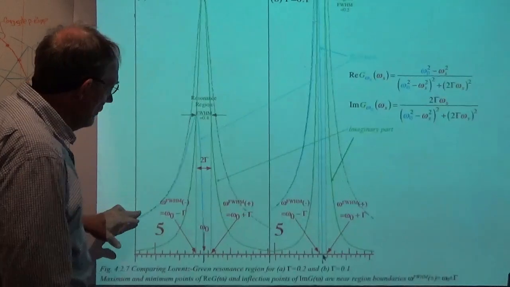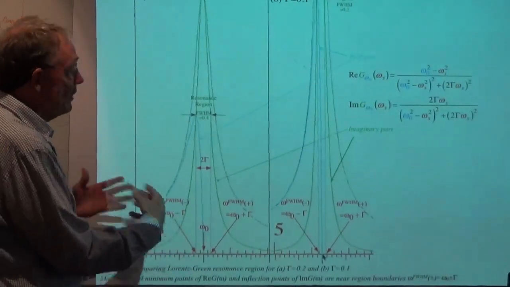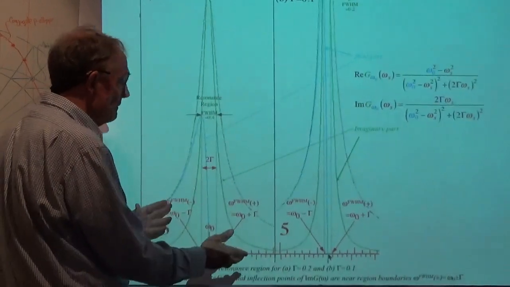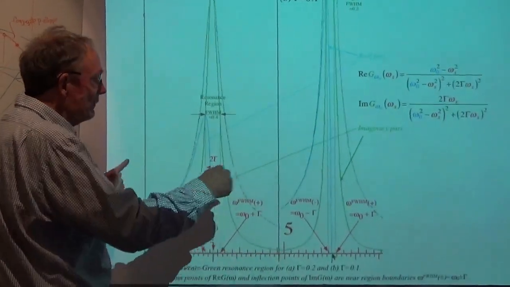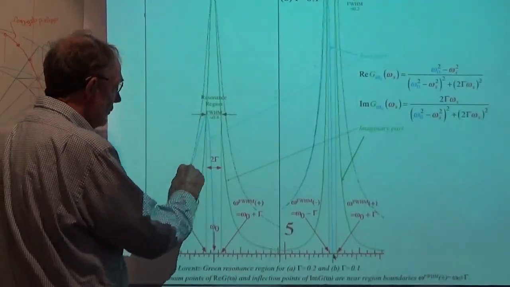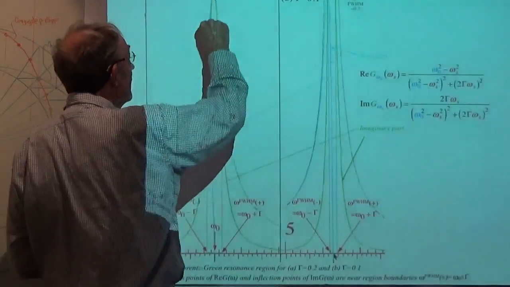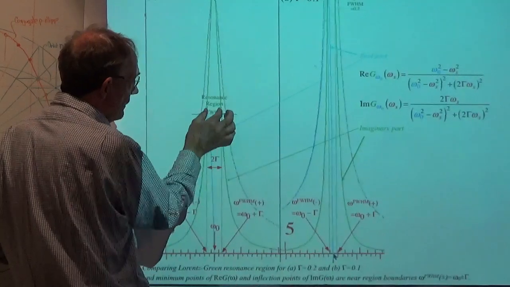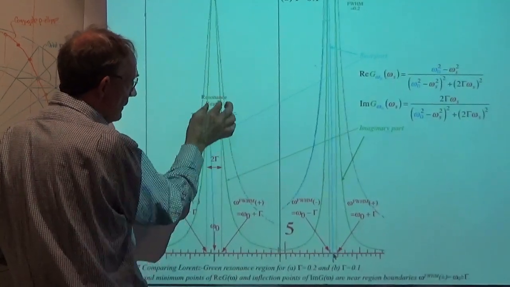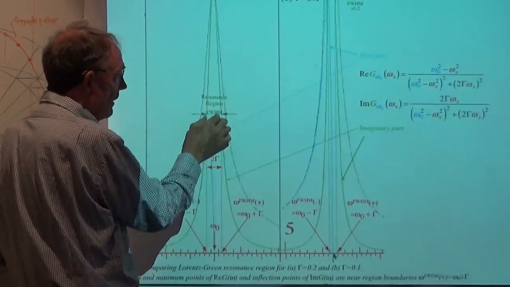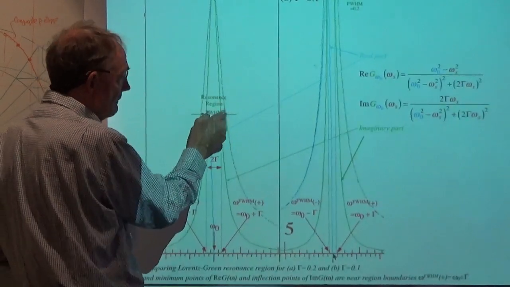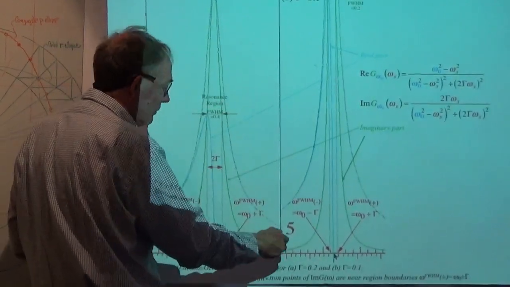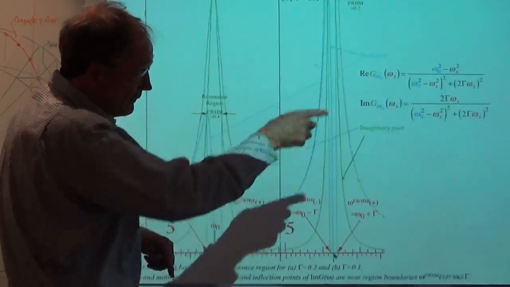What we have is the magnitude, which is the square root of the sum of the squares of the real and imaginary part. That is the length of the phasor, which is this dark line right here. And it's a little bit wider than the actual imaginary part that we call the resonant region, and the inverse lifetime of this object. So that's what's actually plotted right there.